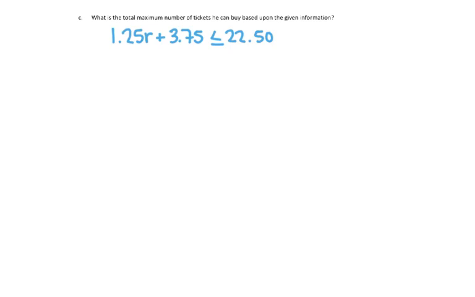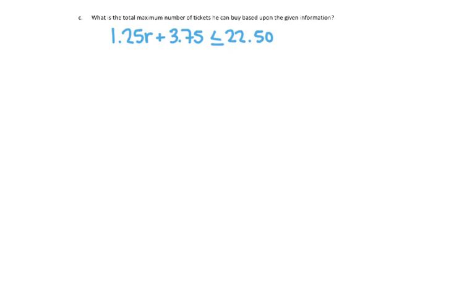We're trying to figure out how many tickets he can buy with his $22.50. So right now I'm looking at this inequality and I see that $3.75 is positive. And because I'm trying to get R by itself, I want to get rid of that $3.75 on the left side of my equation.